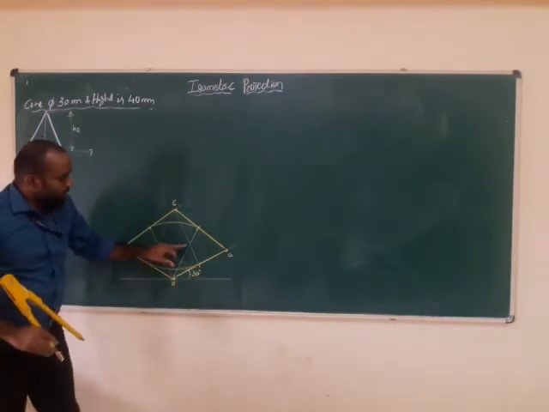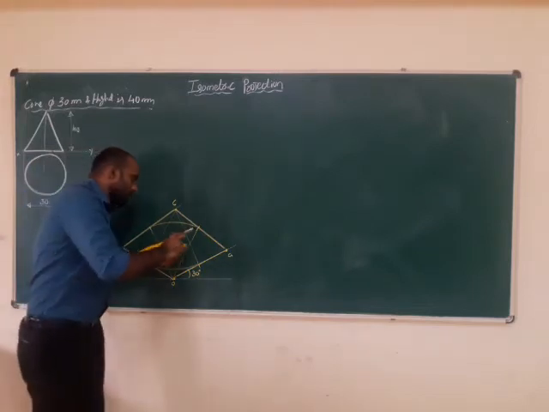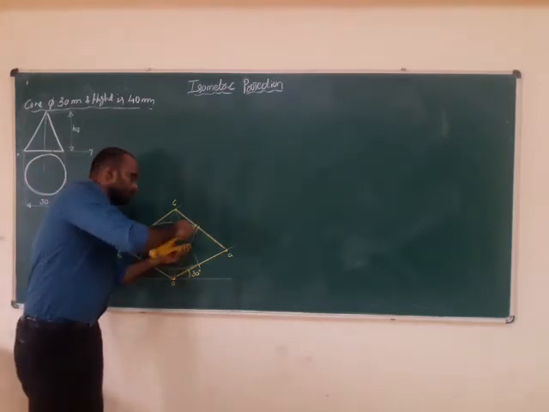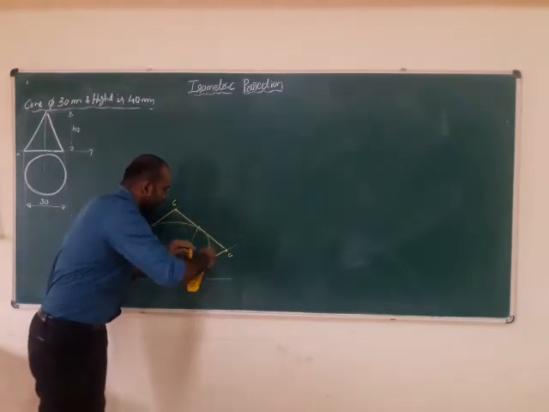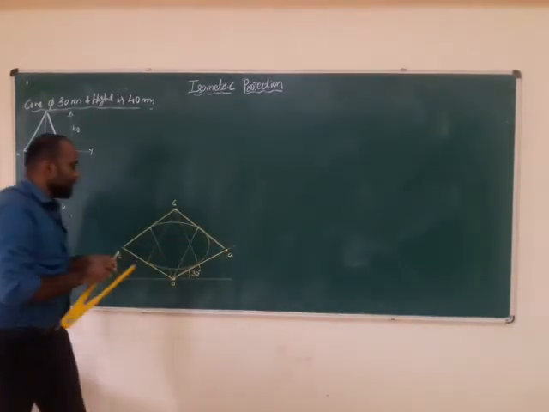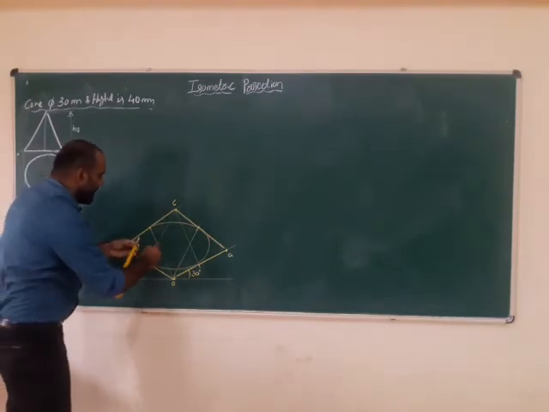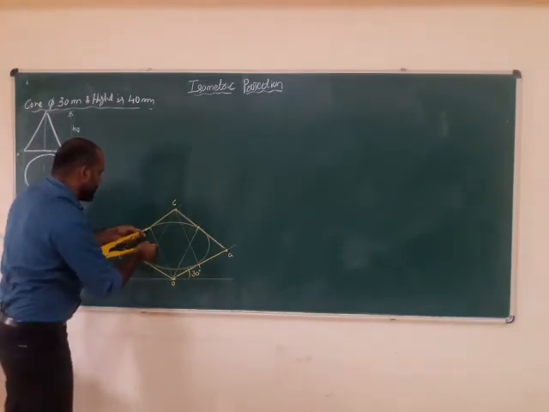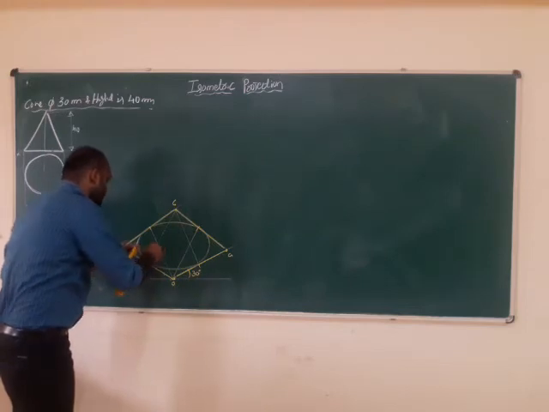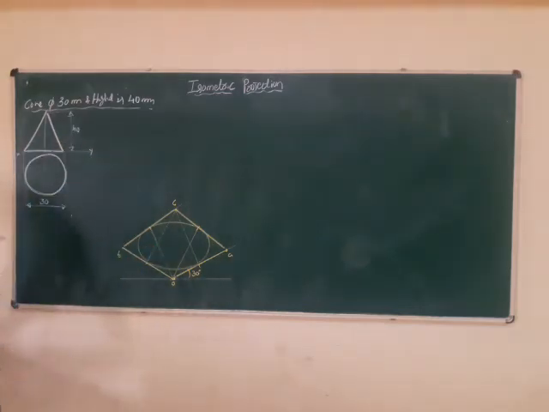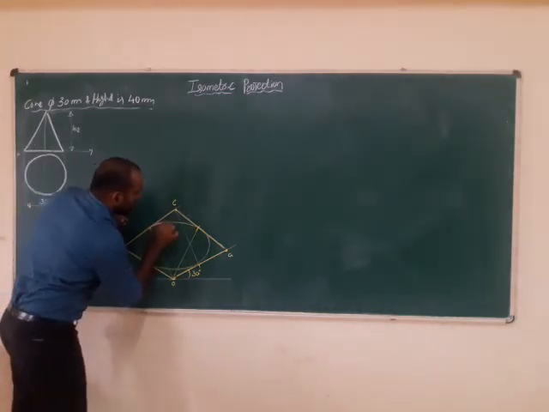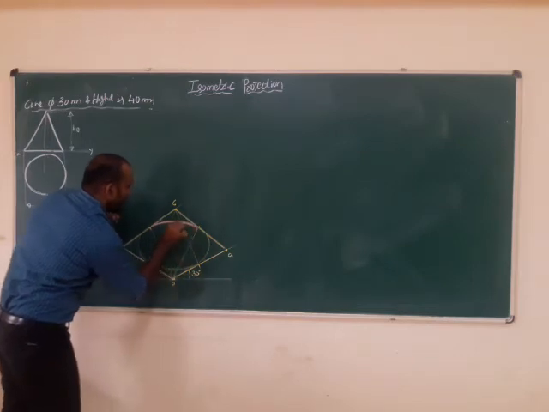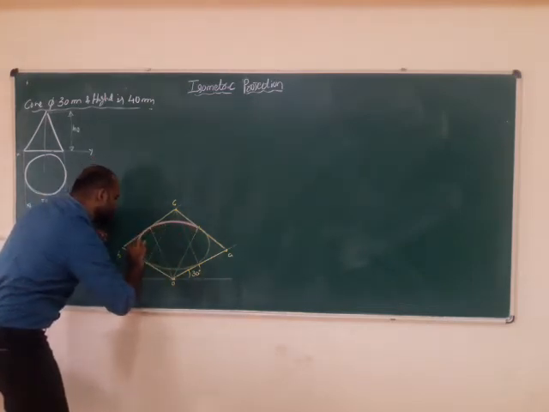Next, the right side corner is the center, so draw one arc. For the left side corner, you have to select an arc. Dark. With 4 arcs, you will get an ellipse.